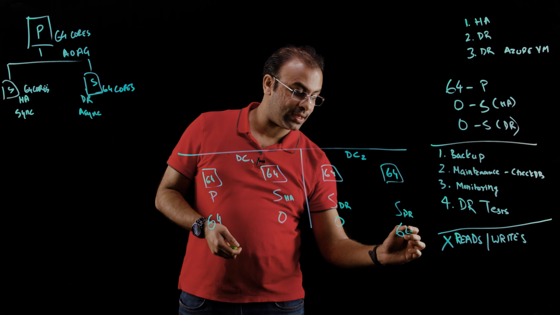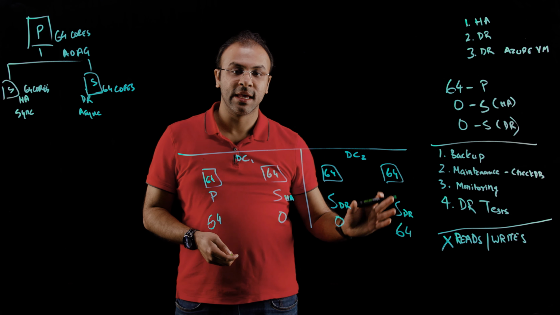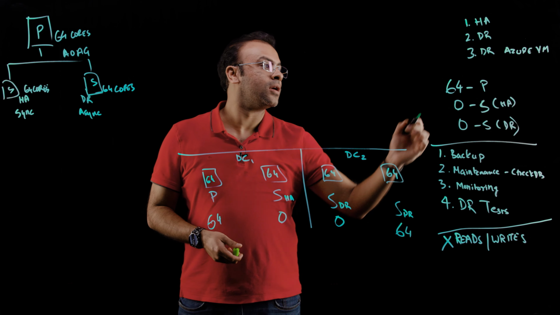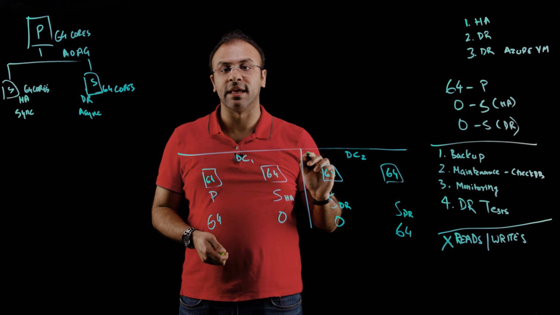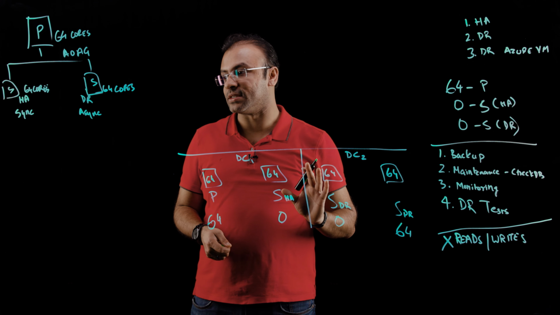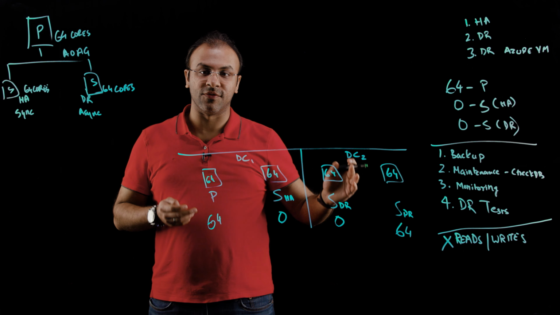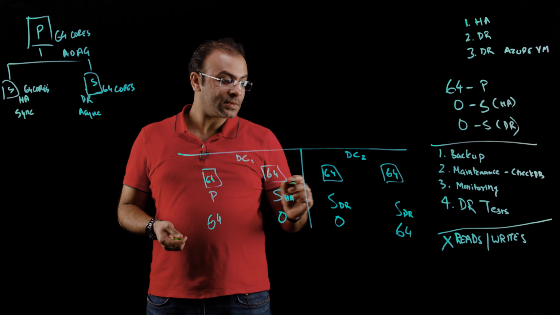For the second DR in the second data center, you would need to license it because this is a DR which is not residing in Azure. In future episodes, we'll talk about how this architecture can also be simplified and a lower cost of ownership can be achieved with a similar setup.